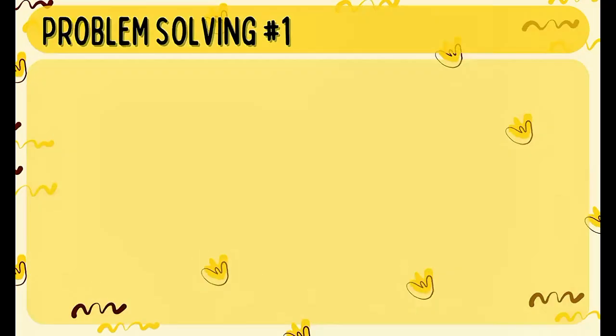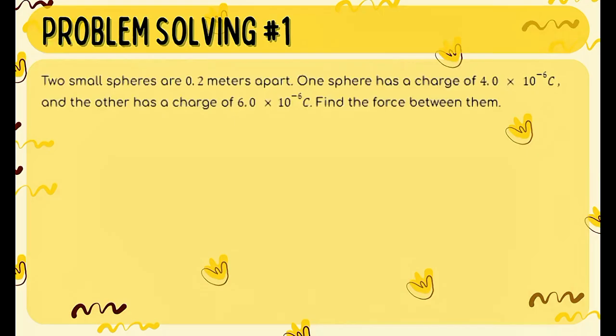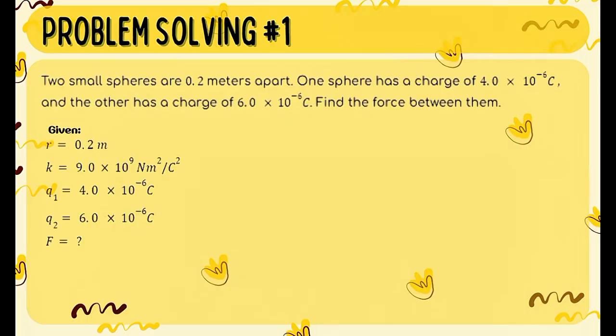Here we go! For problem 1, we are given that two small spheres are 0.2 meters apart. One sphere has a charge of 4.0 times 10 to the negative 6 coulombs, and the other has a charge of 6.0 times 10 to the negative 6 coulombs. Our goal is to find the force between them. We will use Coulomb's law, which states F equals K times Q1 times Q2 divided by R squared.